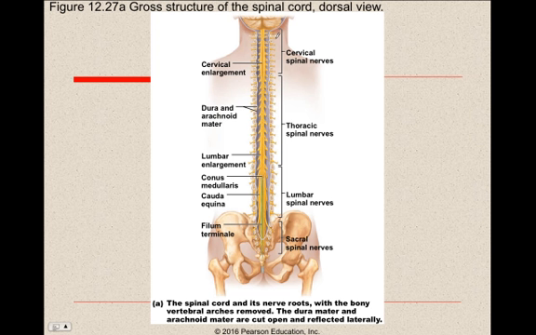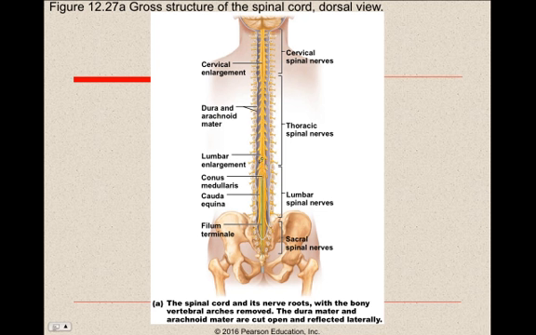So some are coming in and some neurons are going out, carrying information out through that spinal nerve. So here are the spinal nerves that are entering, exiting the spinal cord, and then here's the spinal cord. You can see there are going to be two enlargements that we're going to talk about in the spinal cord. One called the cervical enlargement and one called the lumbar enlargement.